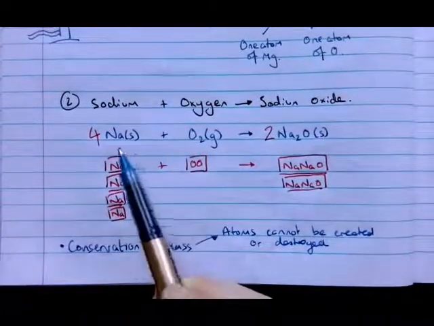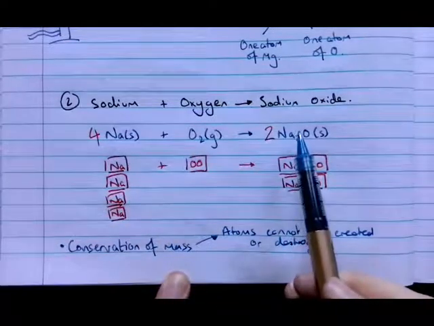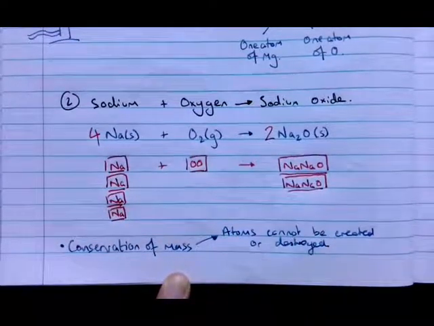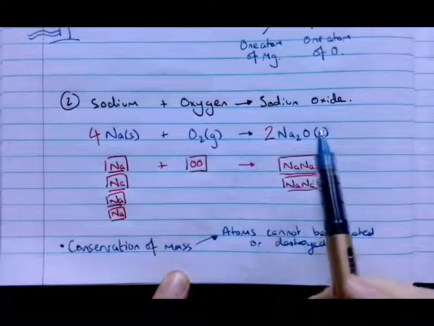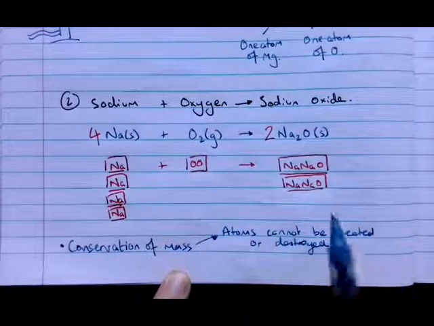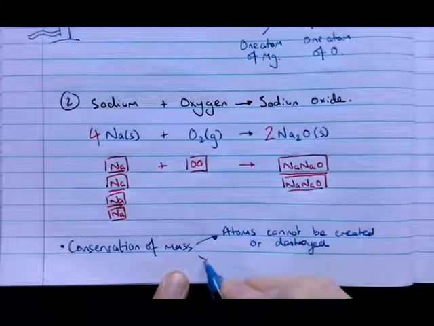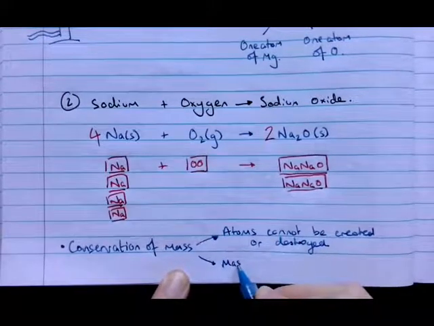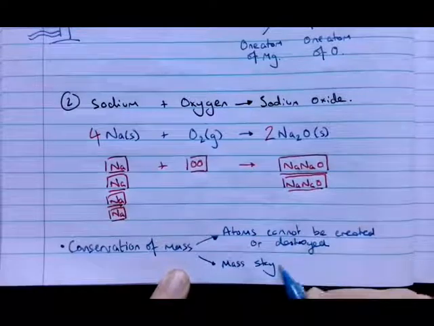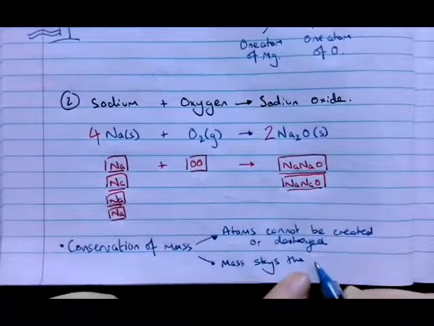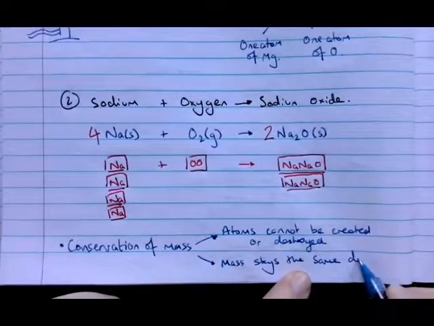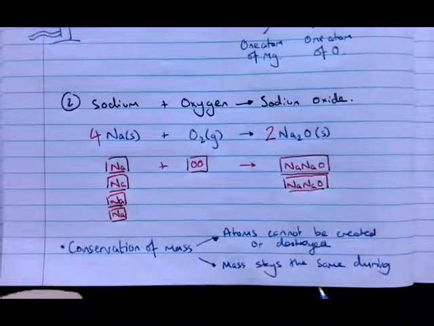So I can't have 4 sodiums here and then only have 3 sodiums over here. That wouldn't make any sense. Likewise, I can't have 2 oxygens here and then 5 oxygens over here. So on both sides, it needs to be the same. All right, so mass stays the same during a chemical reaction.